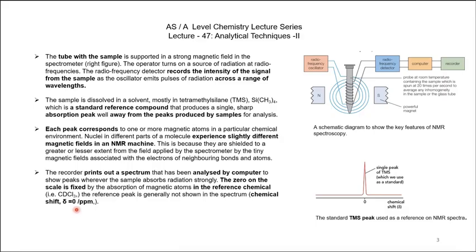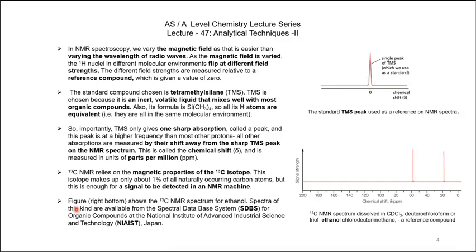In many cases, I would say many cases, we omit the peak of the standard sample. Why? Just for clarity, we omit the peak of the standard sample, but we show that this standard peak is always at 0 chemical shift.